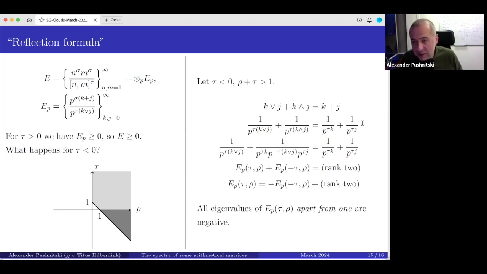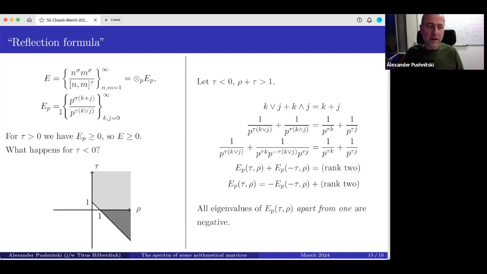This is the same as this. One of them will be maximum, another one will be minimum. Then I'm applying the same formula again. In this term, I have the minimum, and using this formula, I'm swapping the minimum for the maximum, but I will have these extra diagonal factors.